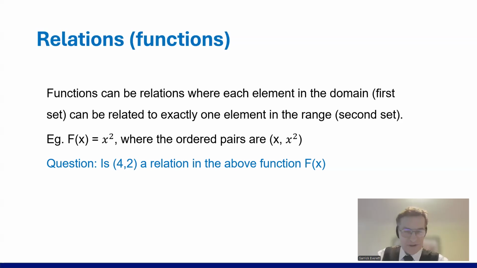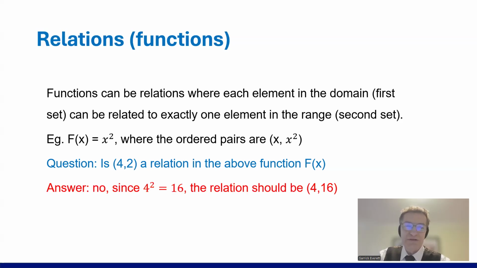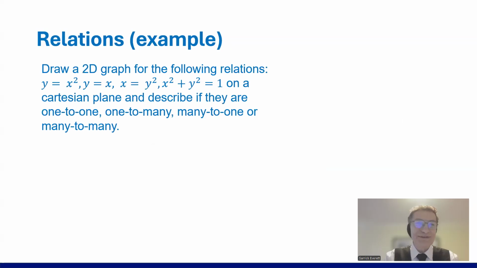Really easy question for you: is (4, 2) a relation in the above function f(x)? Answer should be no, since 4 squared is 16, the relation should be (4, 16). So the order is important. Hopefully you said no.